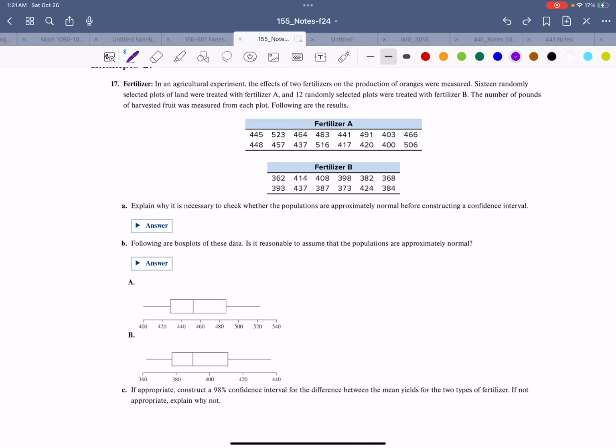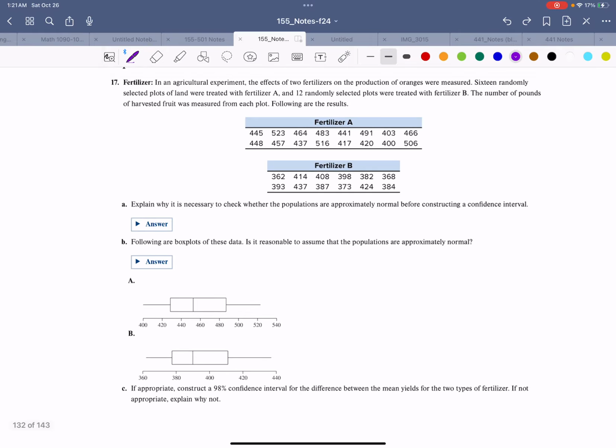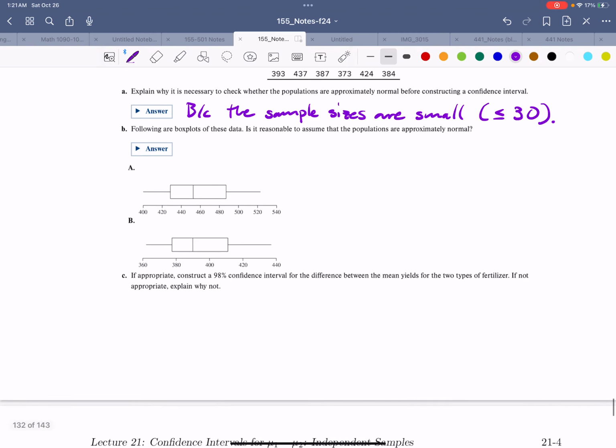Why do we need to know that the populations are approximately normal? Well, it's because the sample sizes are small, less than or equal to 30. Here are the box plots.